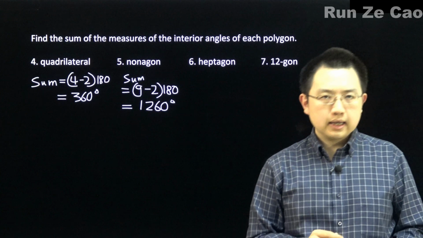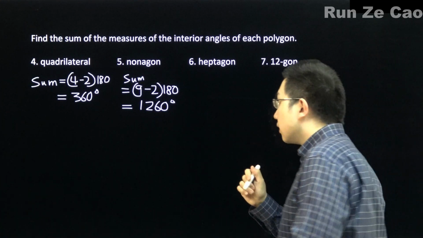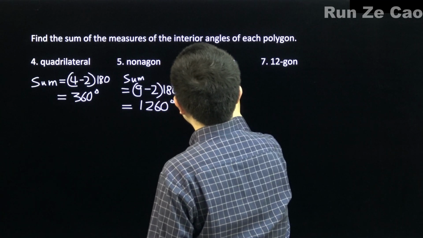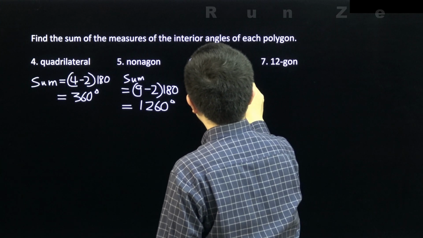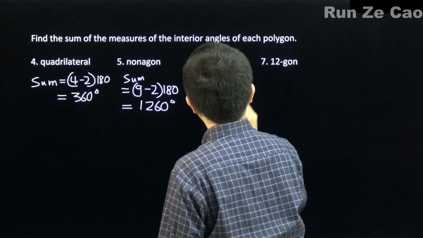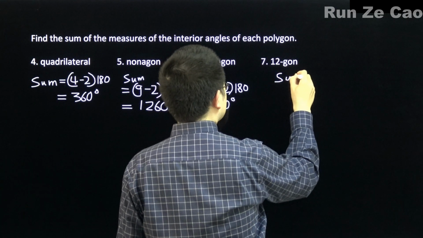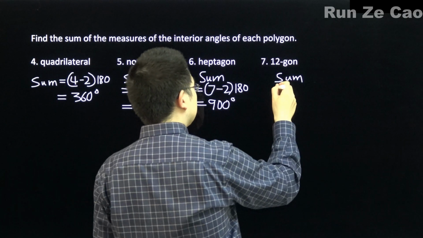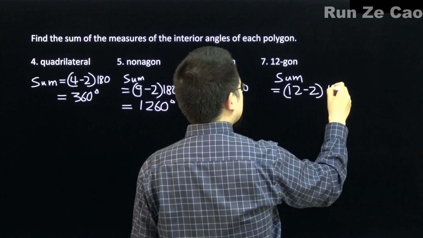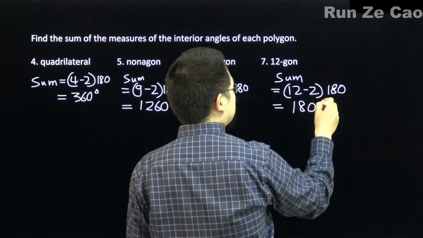Alright then, what about a heptagon, which has 7 sides? Well, the sum is going to be equal to 7 minus 2 times 180 degrees, which is equal to 900 degrees. A 12-gon, so a 12-sided polygon, that's going to be 12 minus 2 times 180 degrees, which is going to be equal to 1800 degrees.